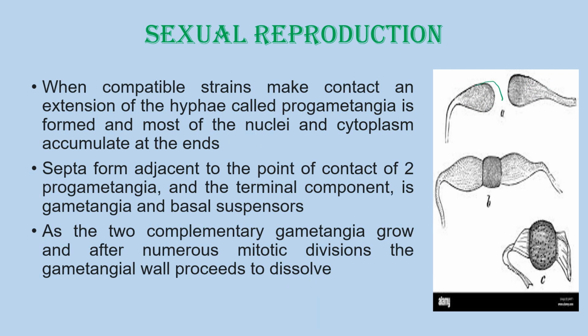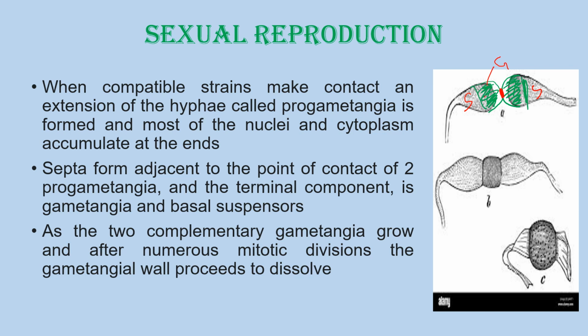So this is the gametangial portion that I'm drawing in green, and let me draw the rest in a separate color. So these are the suspensor cells or the basal cells, and this is the gametangia. The wall in contact of the two gametangia dissolves when the gametangia are mature enough.